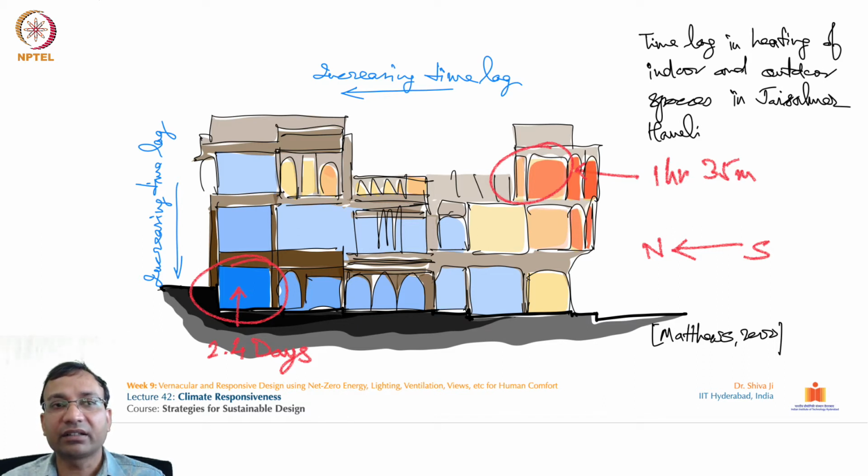It has been analyzed and given over here how much time is needed to heat up these areas. This shows the time lag from this quarter to the next quarter, which requires 25 hours 5 minutes. This portion will heat up from the outdoor lighting condition.